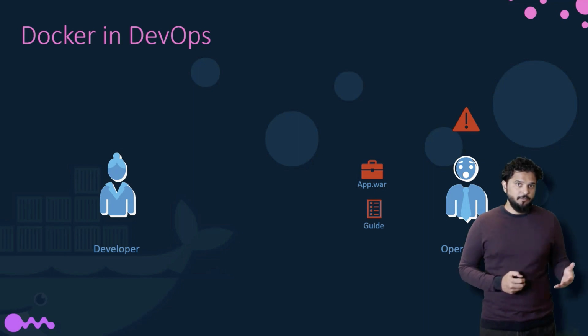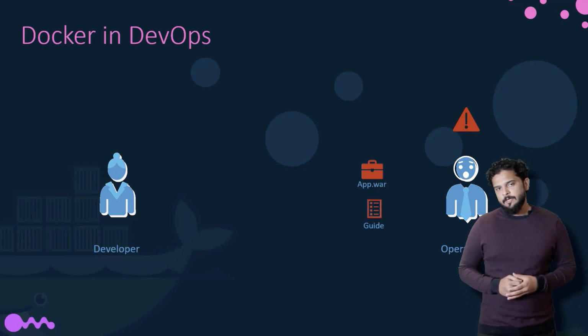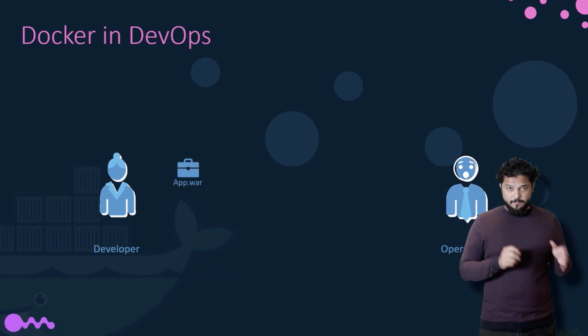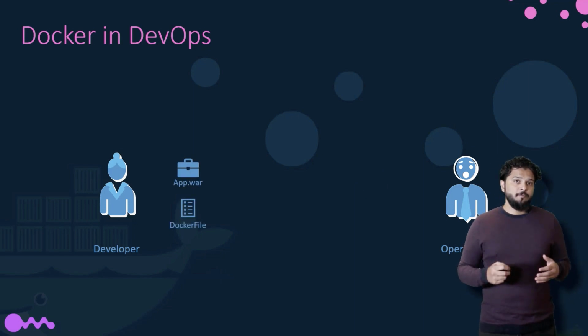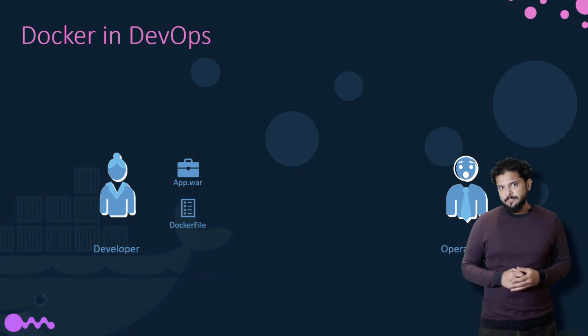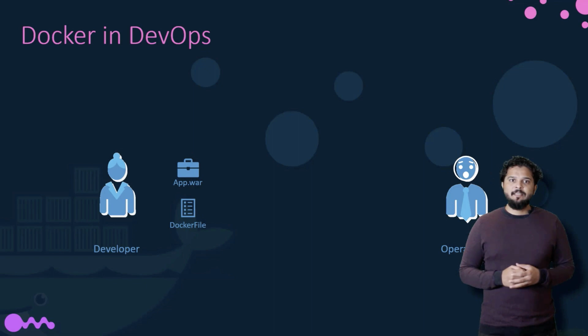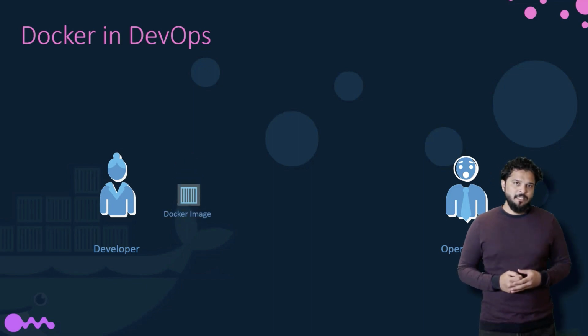When they hit an issue, they work with the developers to resolve it. With Docker, the developers and operations teams work hand in hand to transform the guide into a Docker file with both of their requirements. This Docker file is then used to create an image for their applications.